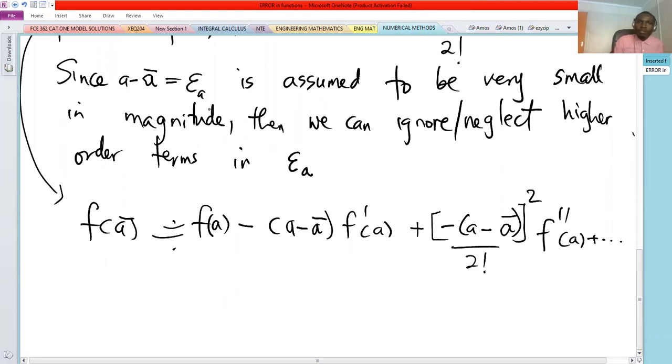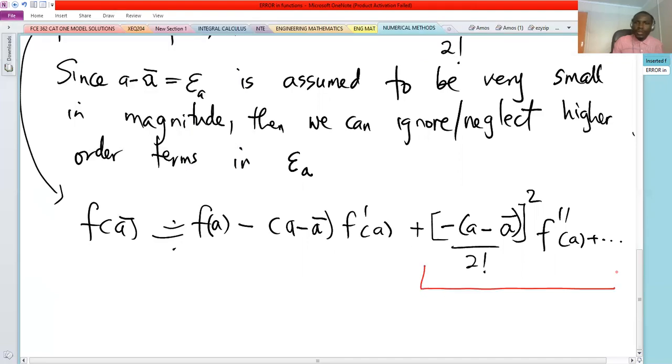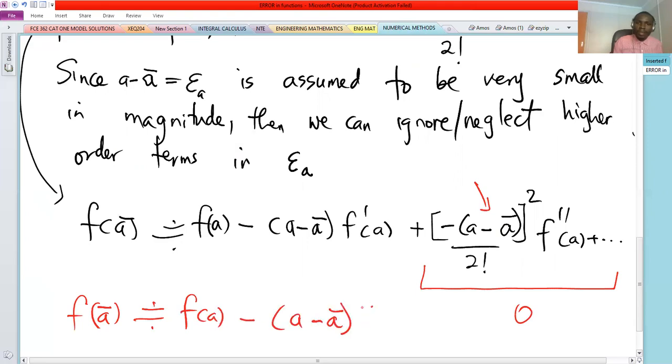With the assumption that this difference is very, very small, all these higher terms will be approximately 0. Therefore, f of a bar is approximately equal to f of a minus the error in a times f prime at a.